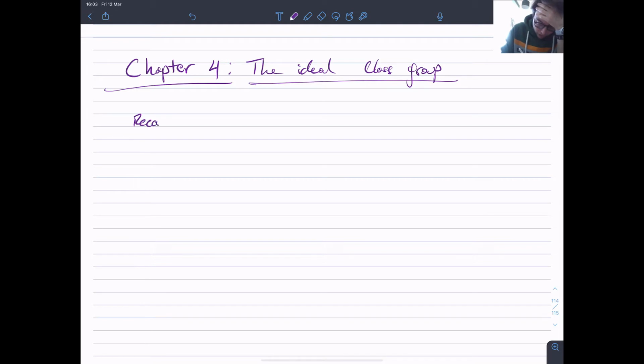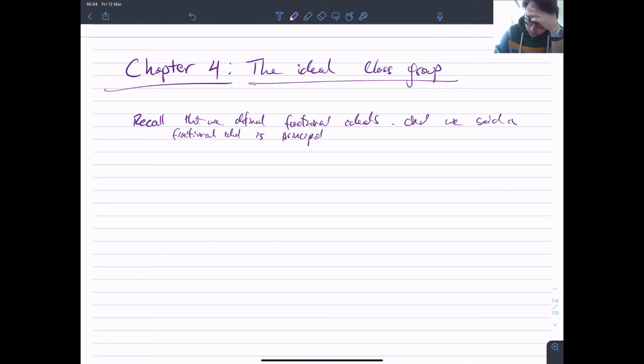Recall that we defined fractional ideals, and we said a fractional ideal is principal if it's of the form xOK, which looks like something you'd expect. It's just all the multiples of x times y with y in OK.